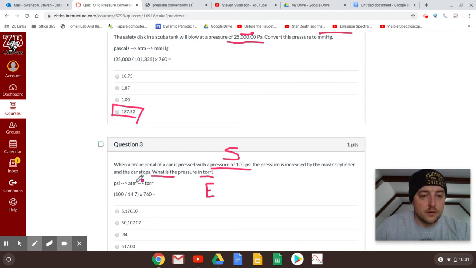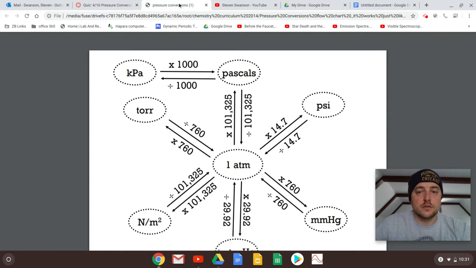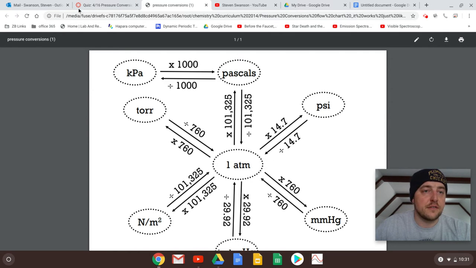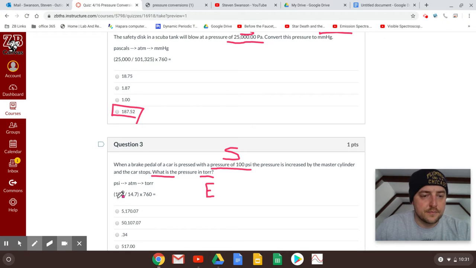So psi to atm to torr, it's saying it's a two-step problem. Let's check. We're at psi and we need to go to torr. So we're going to have to go through atm. That is correct. We're going to divide by 14.7, multiply by 760, and that's exactly what it says.